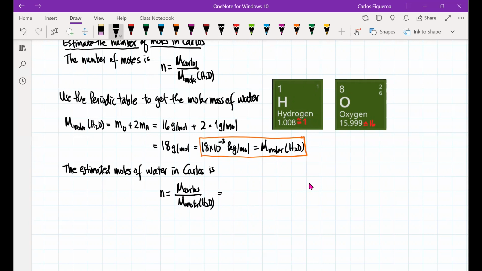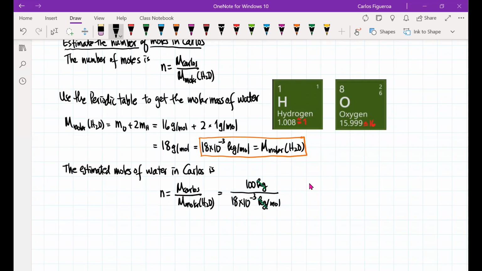Putting in my numbers, this is 100 kilograms divided by 18 times 10 to the minus 3 kilograms per mole. You can see right away that the kilograms cancel, leaving only moles.